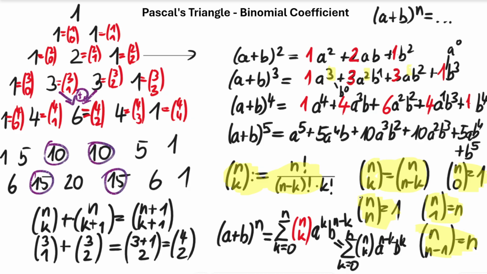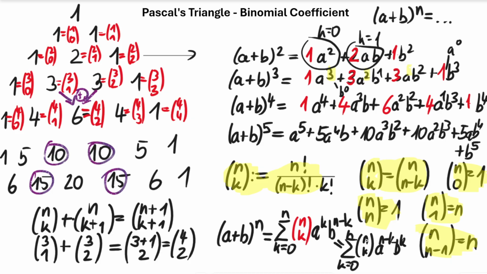So if this is too fast for you, just for example, plug in 2. If you plug in 2, you start with 2 choose 0, which is 1, and a to the power of 2, b to the power of 0. So it's this one. The next index, if k is equal 0, the next index is k equals 1.